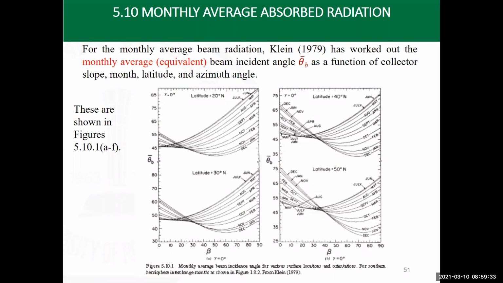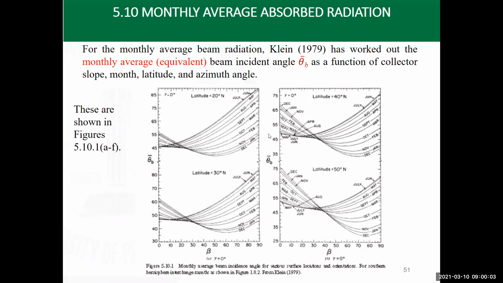The figures are given in your book from A to F, six figures to represent the value of theta B. What you see in front of you, figure A to the left, provides the value of theta B for surfaces that are facing south. You can see at the bottom, gamma is equal to 0 for both of the figures.